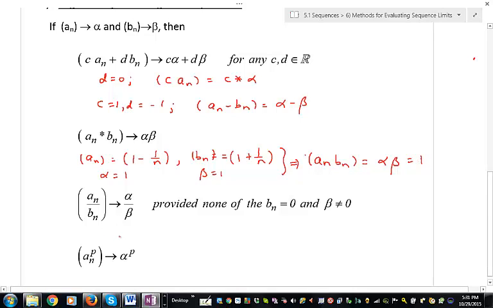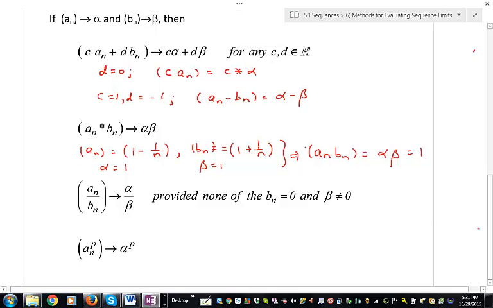We have a similar result for the quotient, okay, with these caveats that we can't have terms being 0. And a very useful result that we're going to actually prove in the next video is that if we take a convergent sequence and we raise all the terms to the same power, it converges to the limit of that sequence raised to the same power.